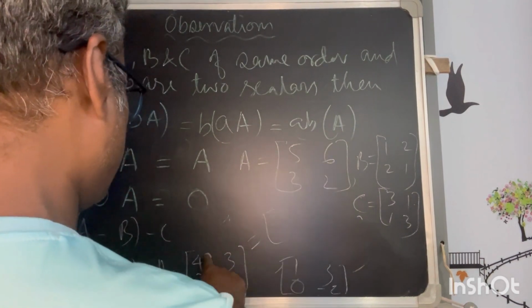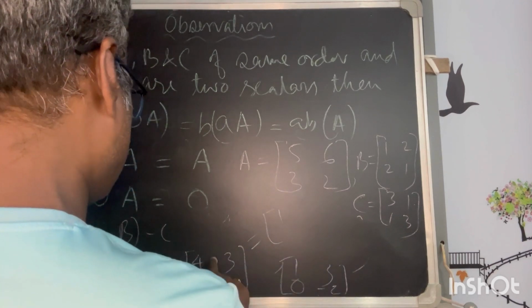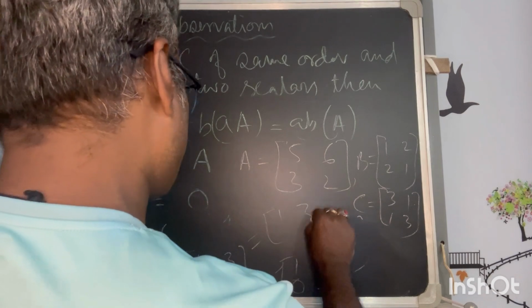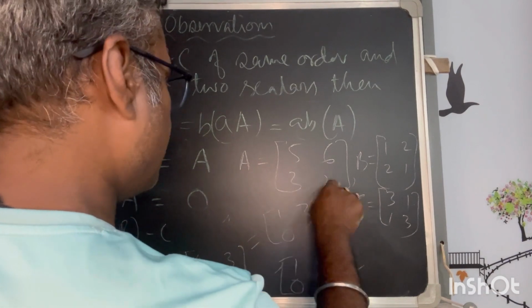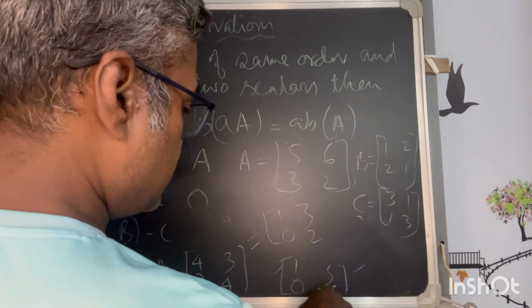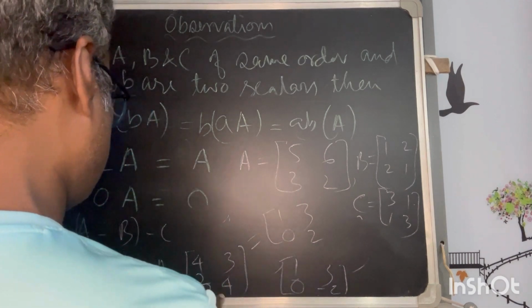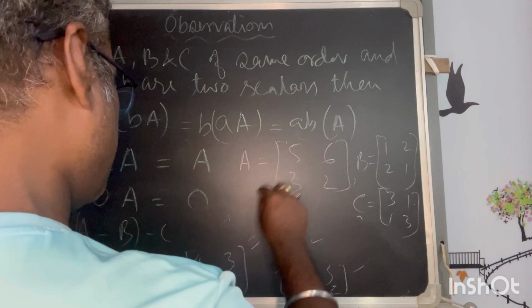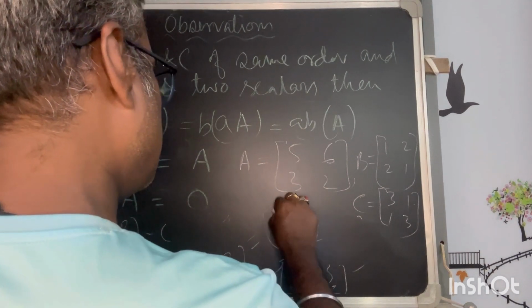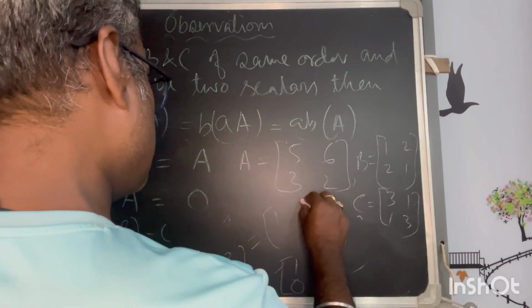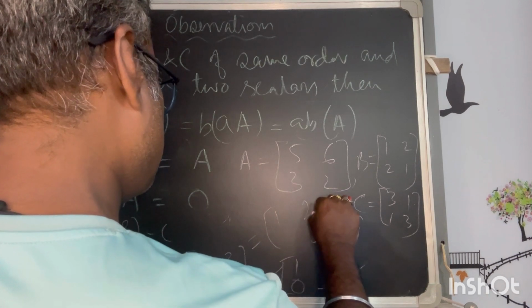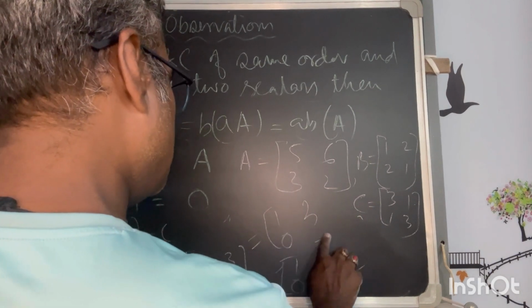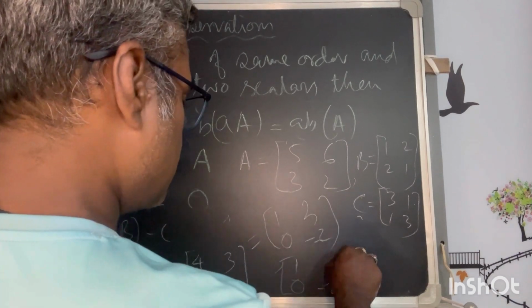So ultimately 5 minus 4 is equal to 1, 6 minus 3 is equal to 3, 3 minus 3 is equal to 0, 2 minus 4 is equal to minus 2. So now see this value.